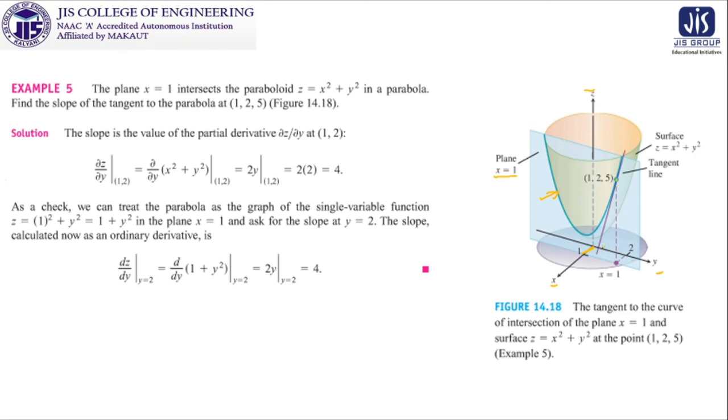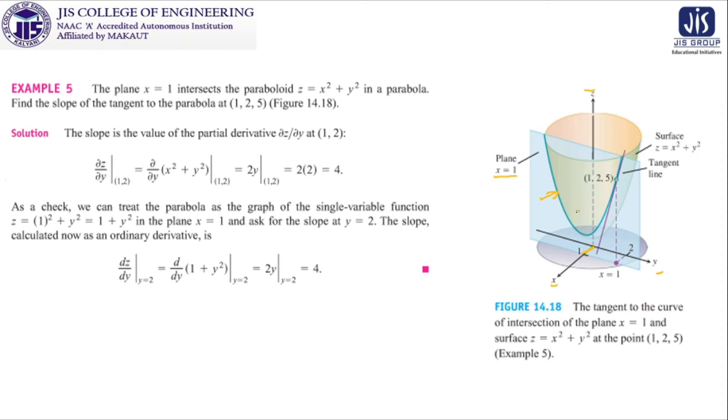So the value of y is 2, and if you put 2 and 1 in the paraboloid x square plus y square, you will get z equal to 5. So obviously this surface will have the coordinates 1, 2, 5. Now the requirement is that along this point, the tangent which is drawn, we need to find out its slope.